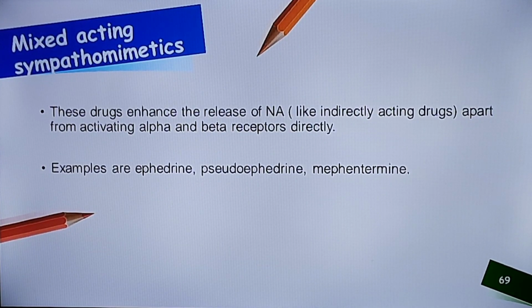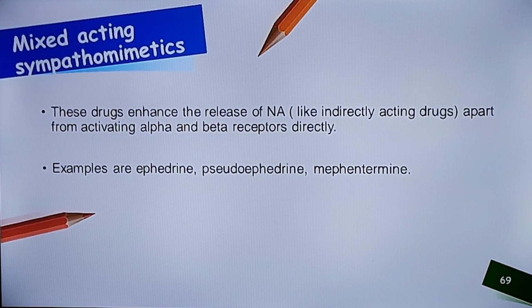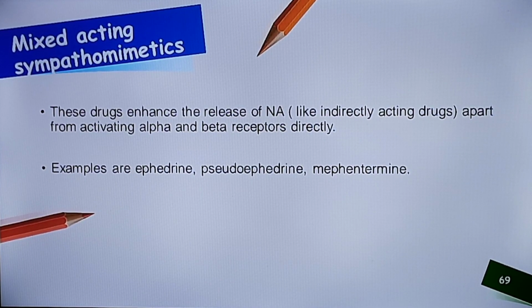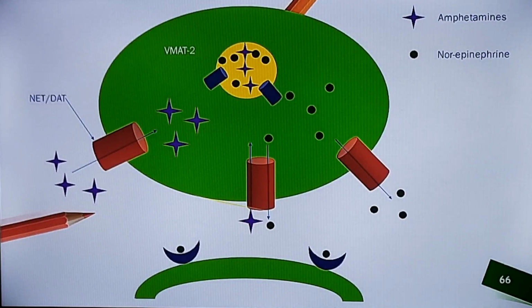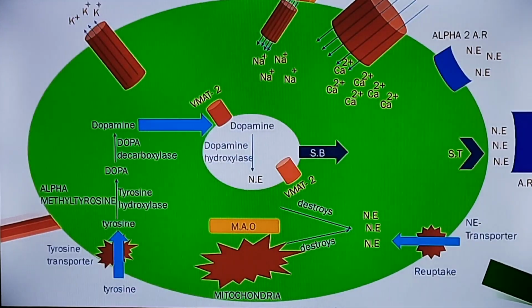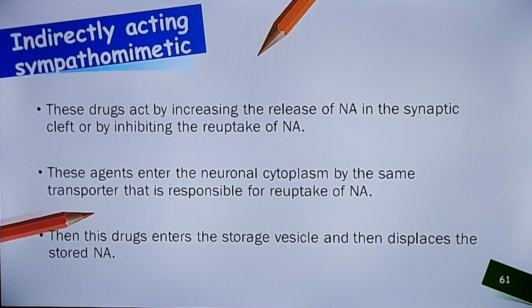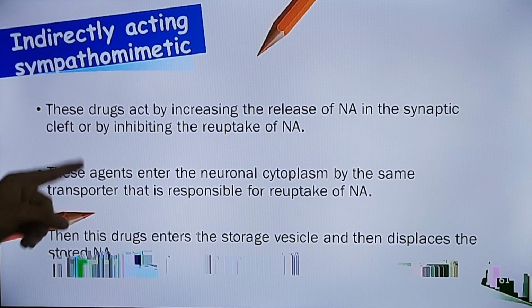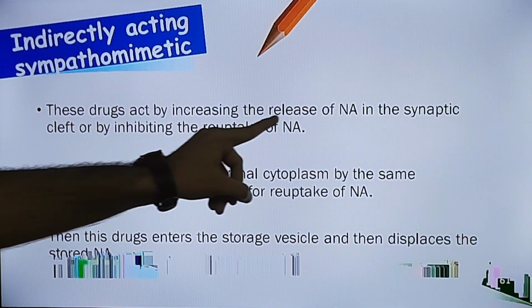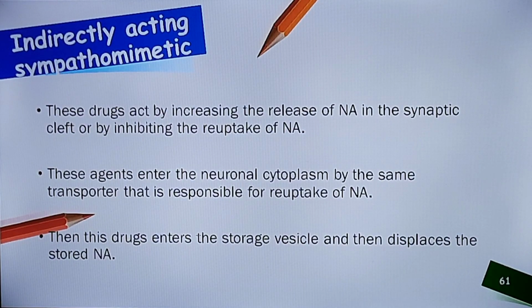That was all about our amphetamines and indirectly acting sympathomimetic drugs. तो पहला जो हमने एक स्टेटमेंट देखा था कि ये जो indirectly acting drugs होते हैं they are mainly releasing noradrenaline in the synapse.